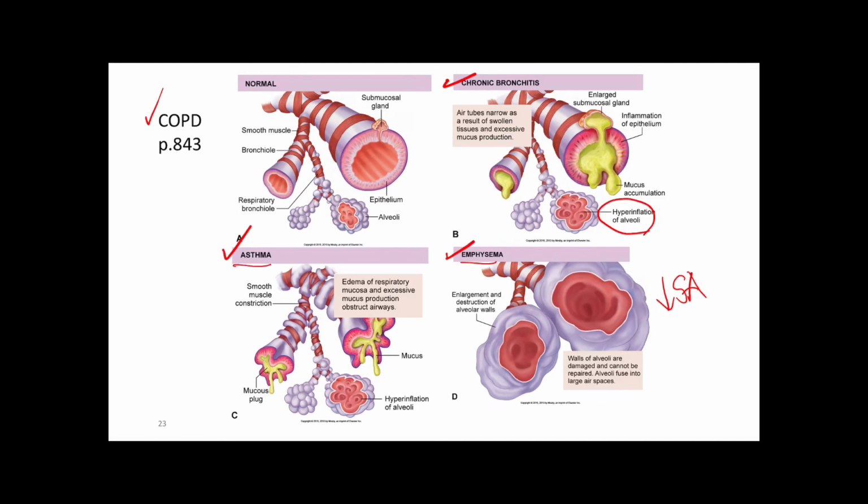A third type of COPD is asthma. And there are many, many different types of triggers for asthma. But mainly in asthma, you have a buildup of excessive secretions that obstruct the airways. The airways also become edematous, or filled with edema.